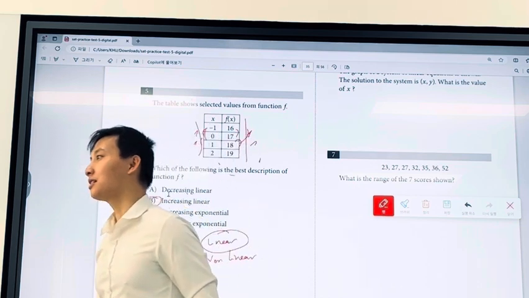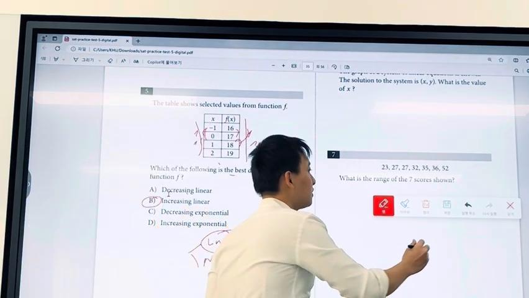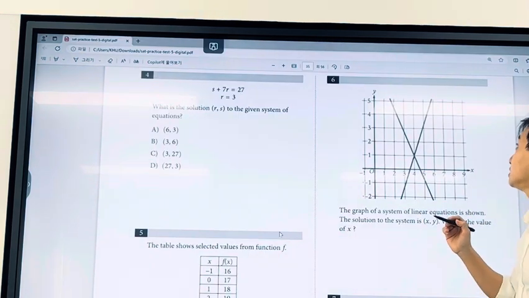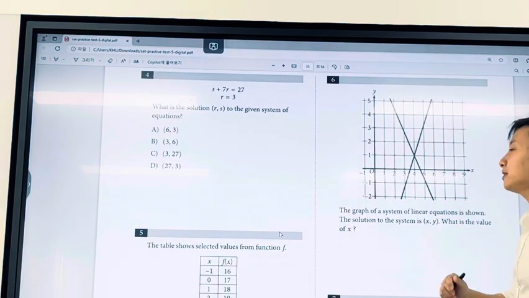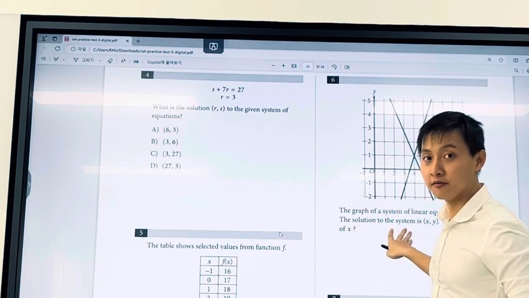In this first section, I think it's not difficult for you. You only need to be careful. There is one more question about a graph.